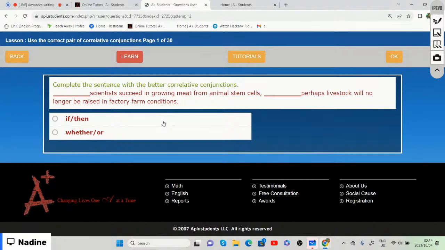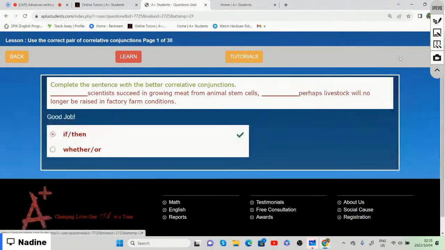So we're going to say if scientists succeed in growing meat from animal stem cells, then perhaps livestock will no longer be raised in factory farm conditions. And if and then is correct.